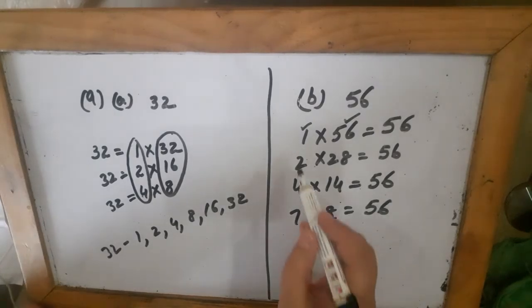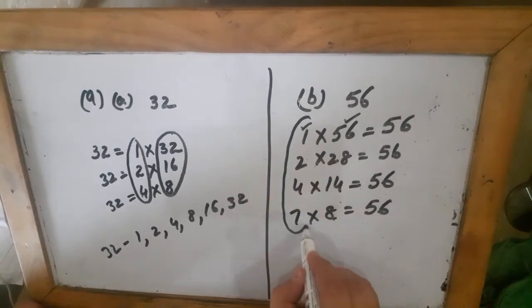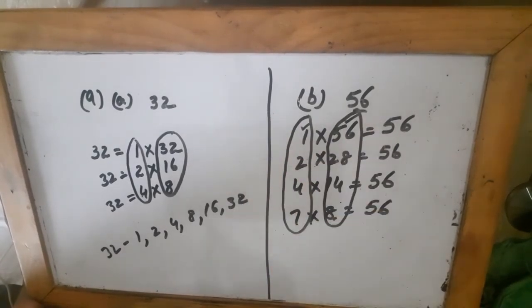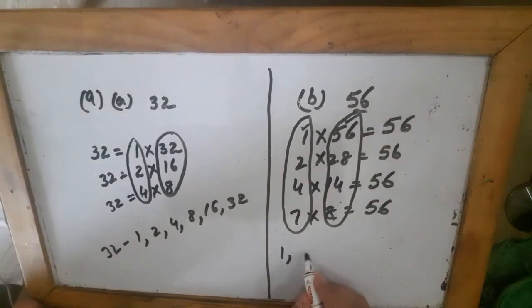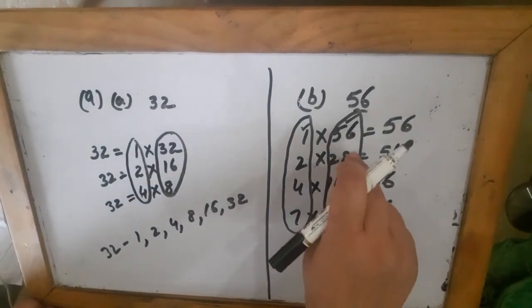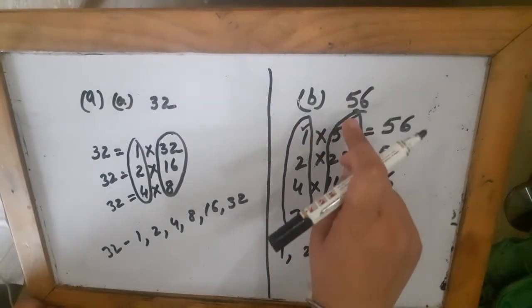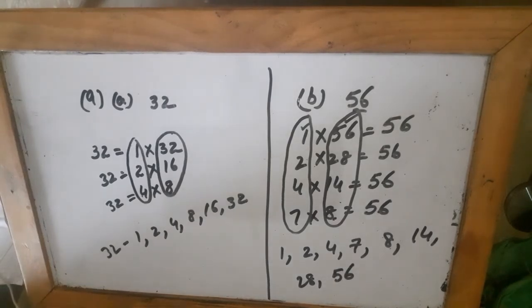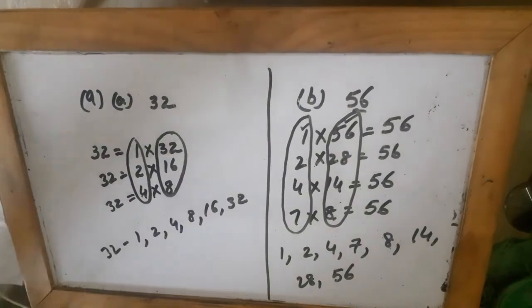So what are the factors of 56? 1, 2, 4, 7, 8, 14, 28, 56. Can you see the U shape? All these are the factors of 56. This is how we find all the factors of 56 or any number.